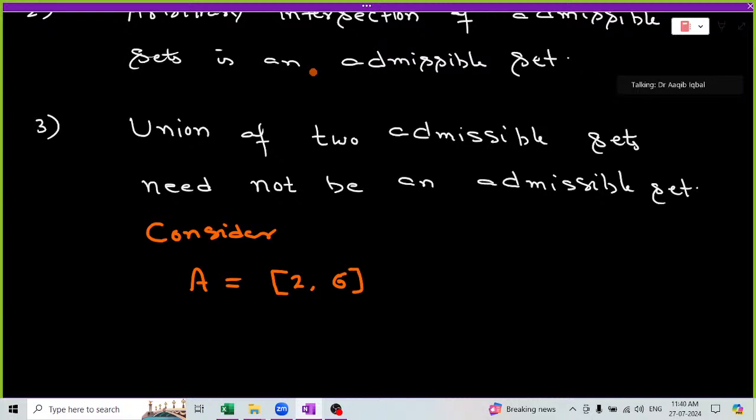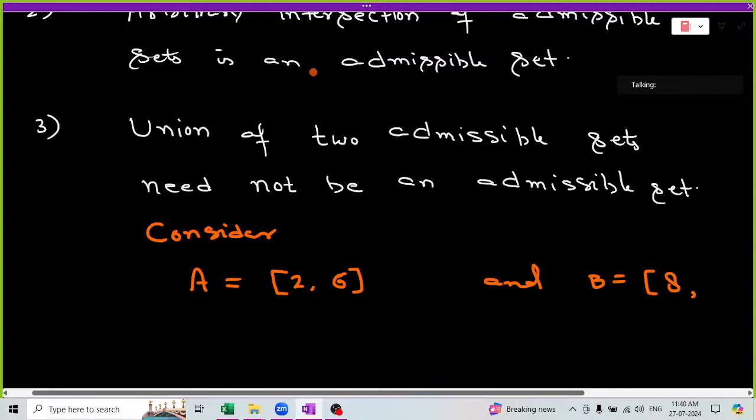You take A as this and B as closed interval 8 to 12.